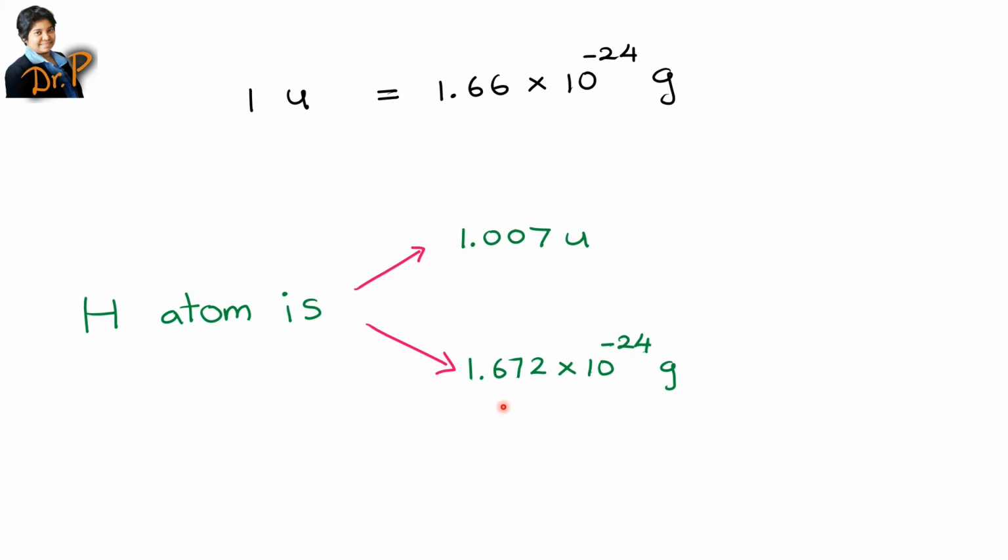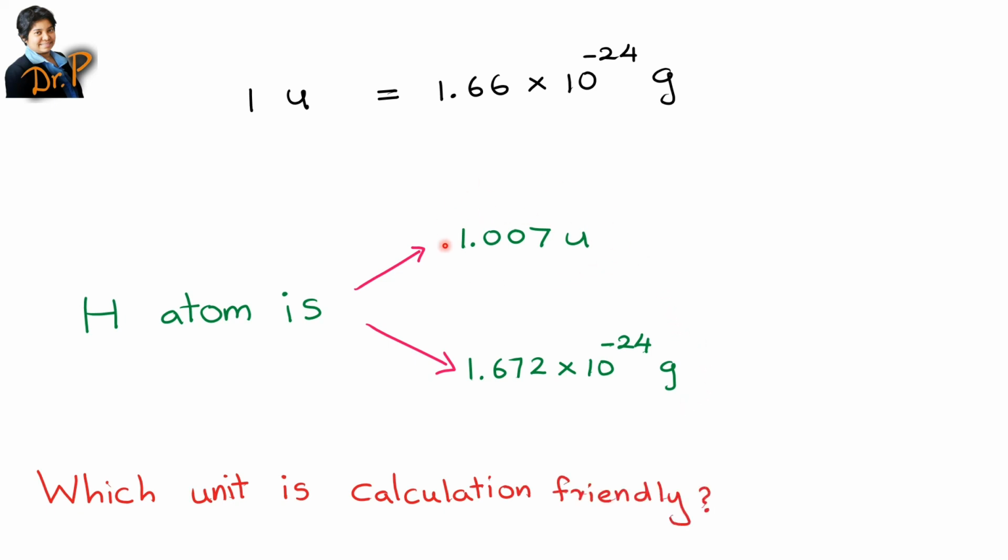Now think you are going to do a calculation. Which number is easier to use, this or that? It is a lot easier to work with this number than dealing with this scientific notation and these exponent values. Now this is the purpose of the atomic mass unit.